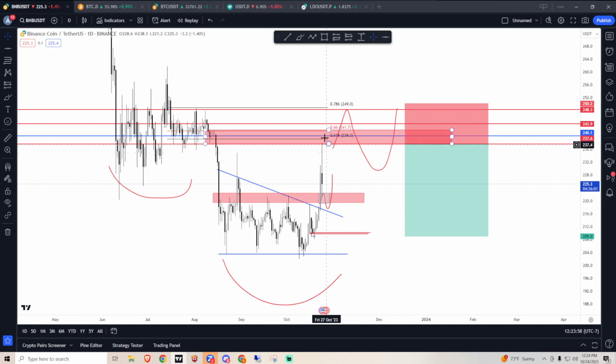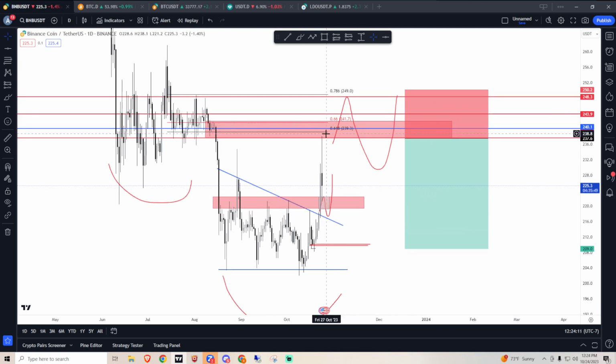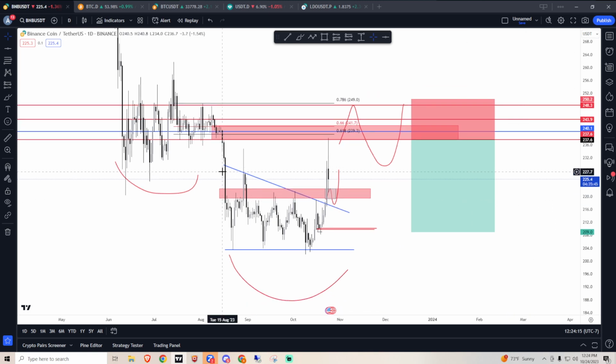The golden pocket is between the 618 and the 66 fib. It's actually the 65, but I like the 66. Okay, the golden pocket and the 786 fib provide the highest percentage of a reversal.